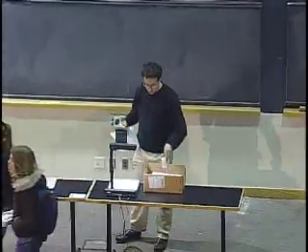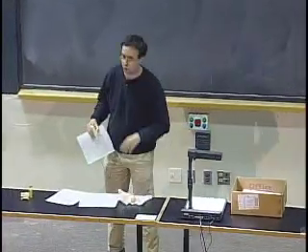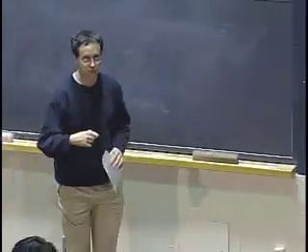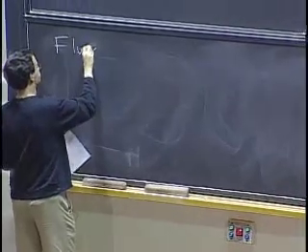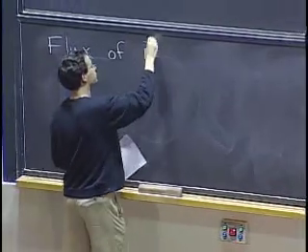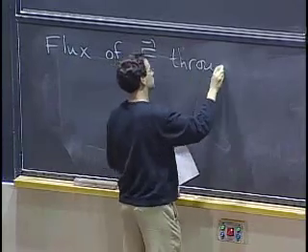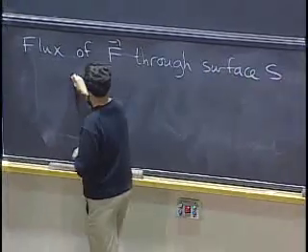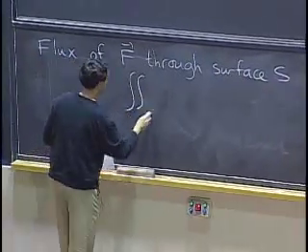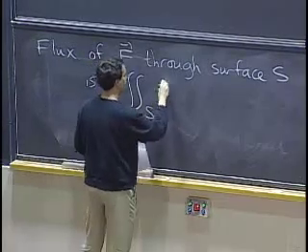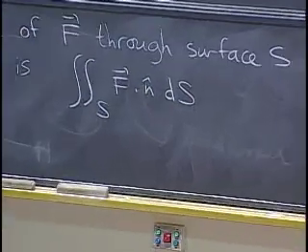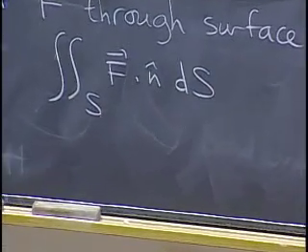Yesterday, we've learned about flux, and we've seen the first few examples of how to set up and compute integrals for flux of a vector field through a surface. So remember, the flux of a vector field F through a surface S is defined by taking the double integral on the surface of F dot n dS, where n is the unit normal to the surface, and dS is the area element on the surface.